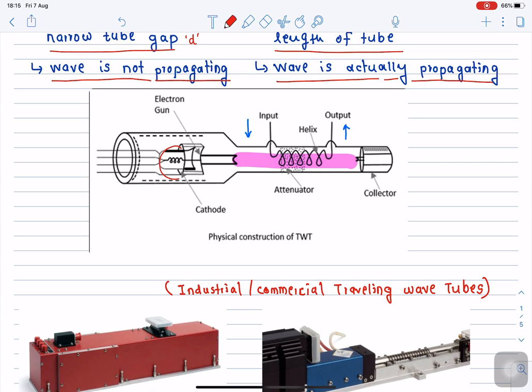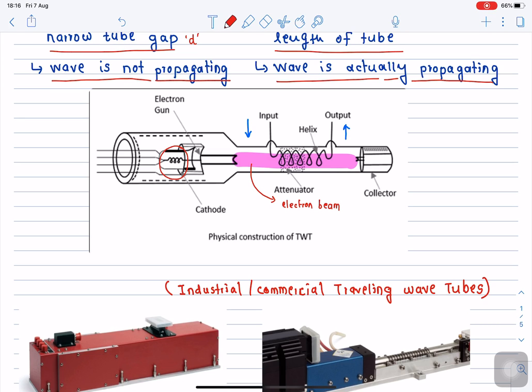Now this cathode we are going to heat by means of applying a strong DC negative voltage, so that the cathode will start emitting electrons. These electrons will form an electron beam. This pink color, whatever we have shown over here, this is an electron beam, right?